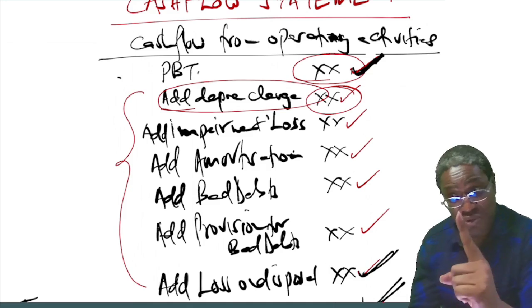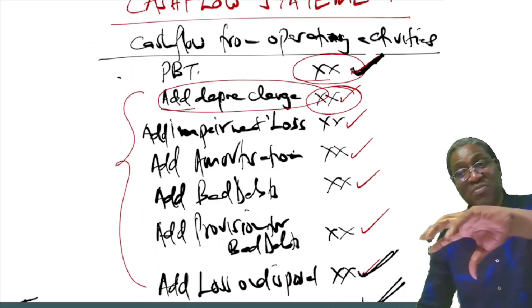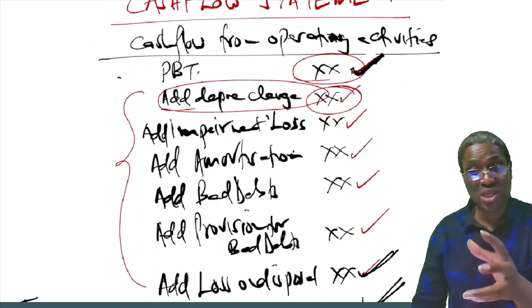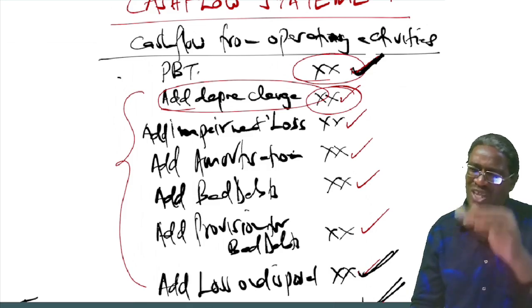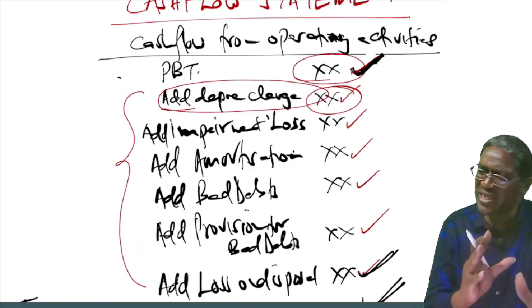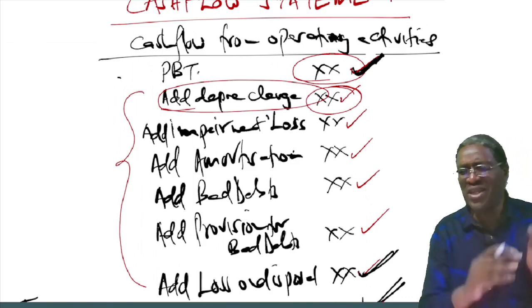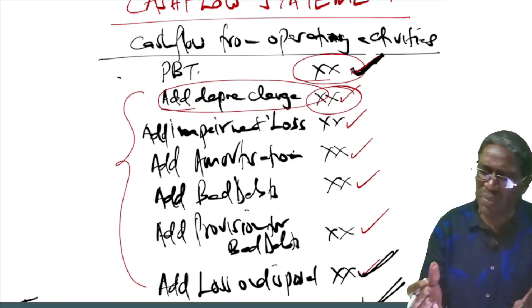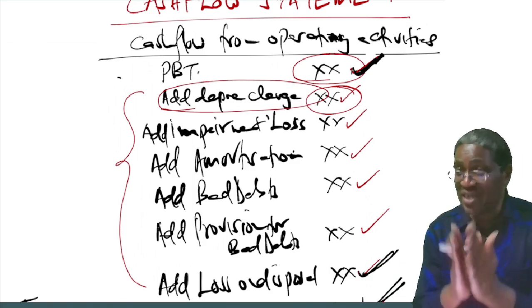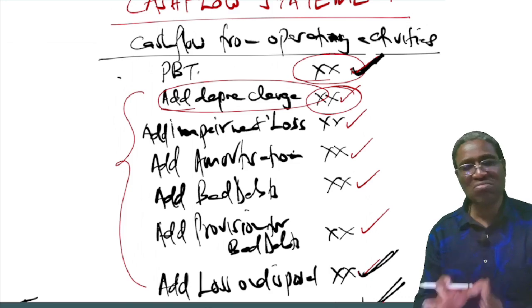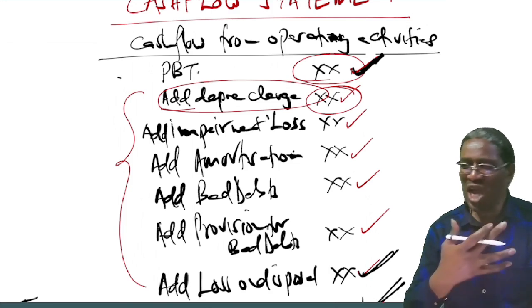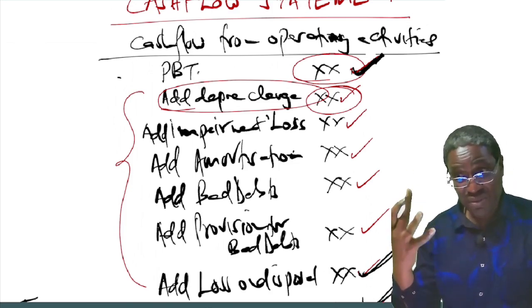For the indirect method, we were not adjusting the admin and the distribution. We were adjusting the profit before tax. So whether they netted it against sales, against admin, or never netted it, or shown it separately, it still affected the profit before tax. So for the indirect method, the gain or loss on disposal has to be used anyway.